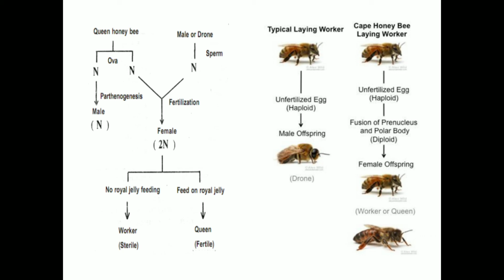When they get royal jelly feeding, they modify into the queen bee. When royal jelly feeding is not available, it modifies into a worker bee. When parthenogenesis occurs, that means no fertilization, it modifies into male drone bees.